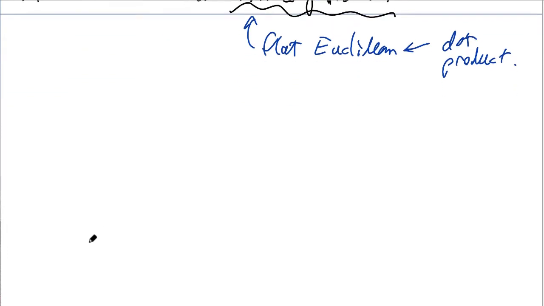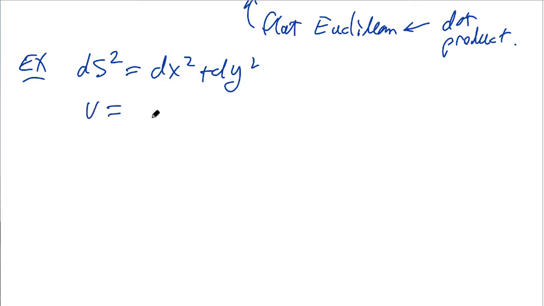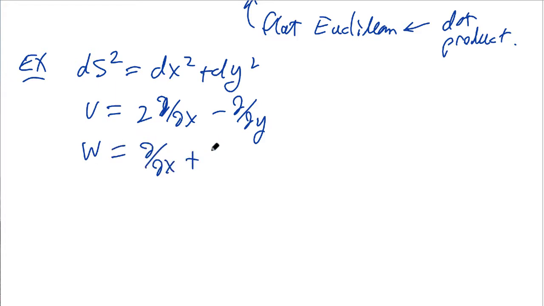Let's look at a specific example. So we'll take flat Euclidean space in two dimensions with coordinates x and y, and consider the following two vectors: v, which is 2 d by dx minus d by dy, and another vector w, which is d by dx plus 3 d by dy.